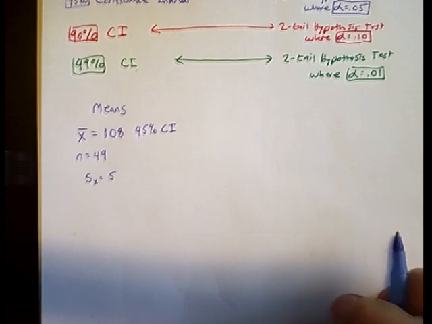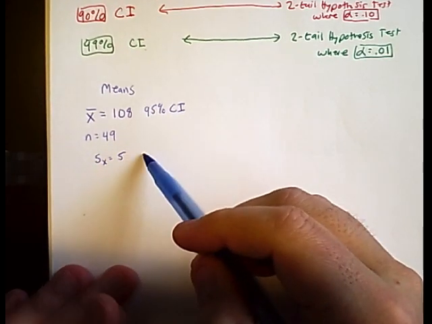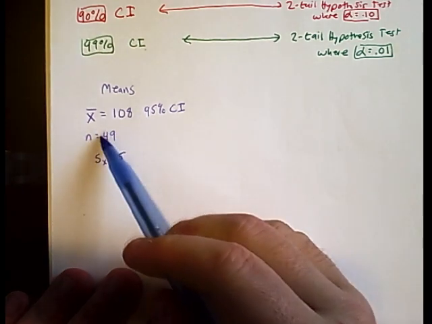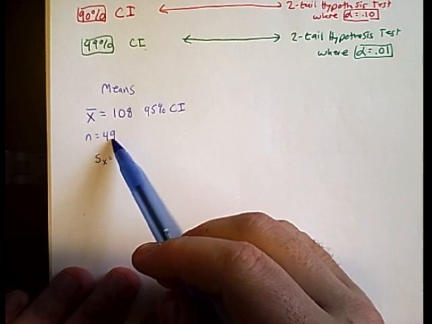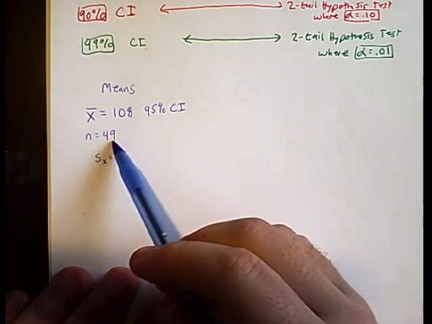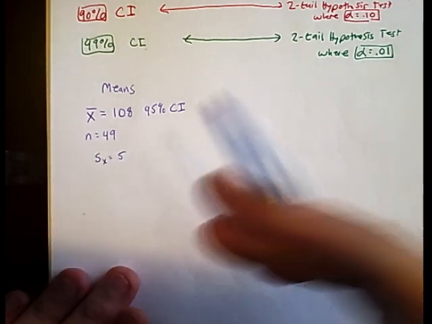If I'm going to do a confidence interval, let's assume that we meet all of our conditions. Central limit theorem, so I've got the normal condition, and there's more than 490 people in the U.S., so that would be good, and it was a random sample. So we met all our conditions.